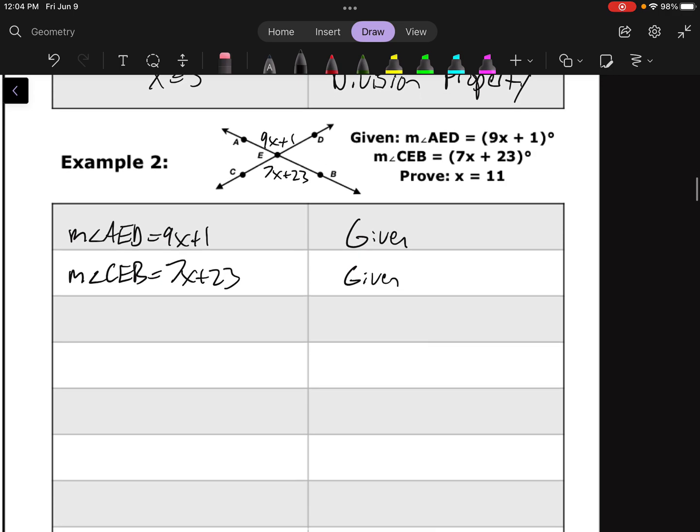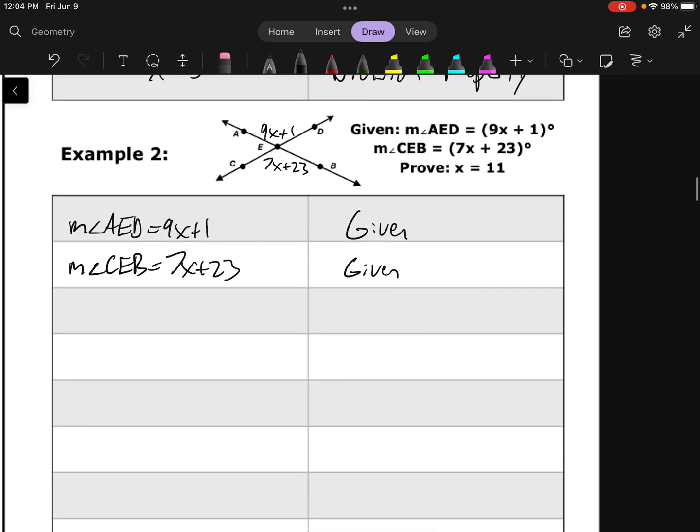Okay, now those two angles are definitely vertical angles. And I know that vertical angles are congruent. So I'm going to say angle AED is congruent to angle CEB by the vertical angle theorem.